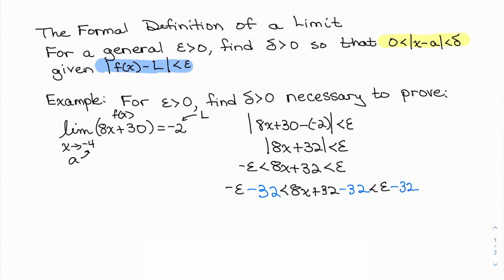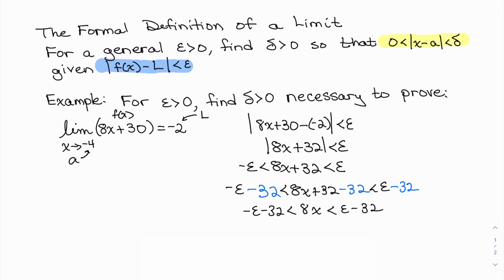So again, we're focusing on getting x alone in the middle. Simplifying this, we have negative epsilon minus 32 is less than 8x, which is less than epsilon minus 32.